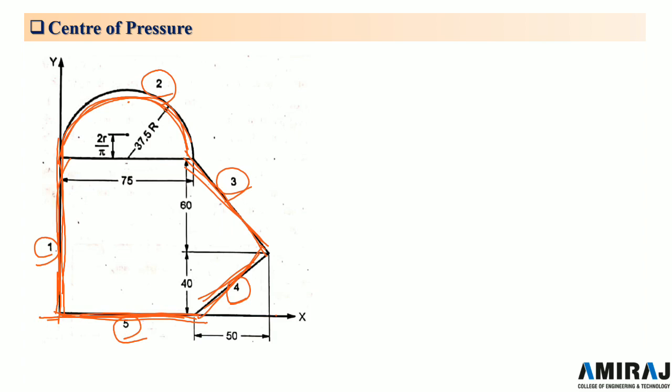Now find the distances small x1, y1, x2, y2 for the center of gravity of each element, and calculate the position of center of gravity by the formula.